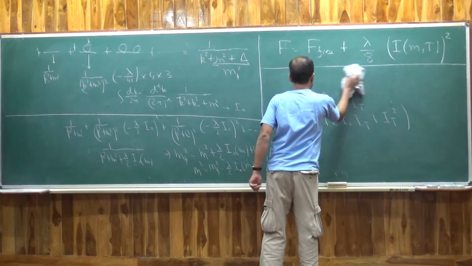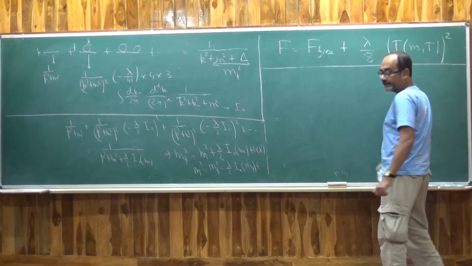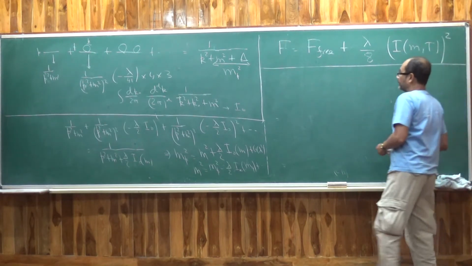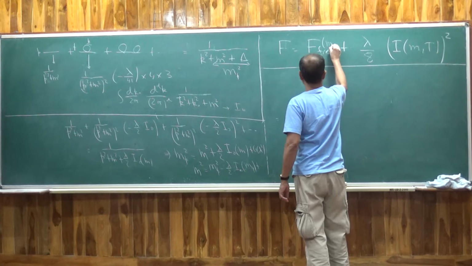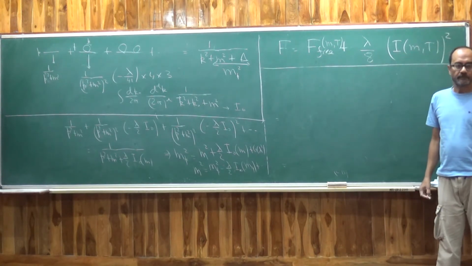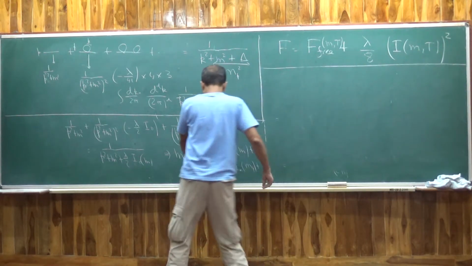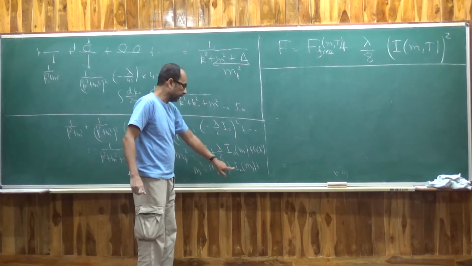Okay, so now let's re-express this in terms of physical masses. So let me write F free as a function of M and T. Okay. And I am going to use this fact that M is related to MP by this formula.